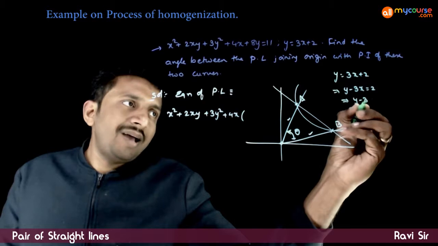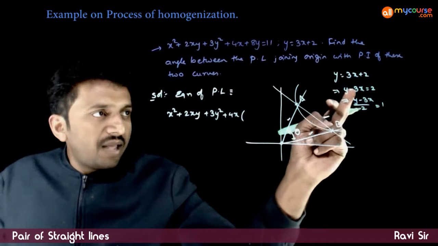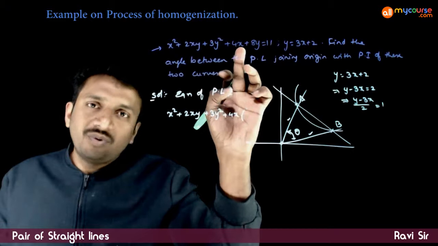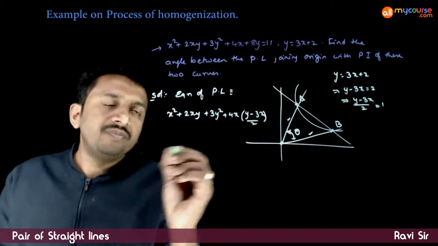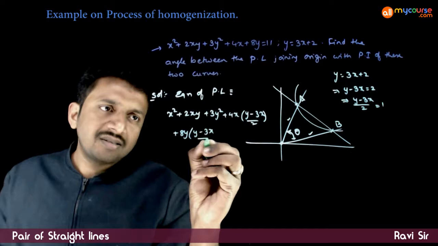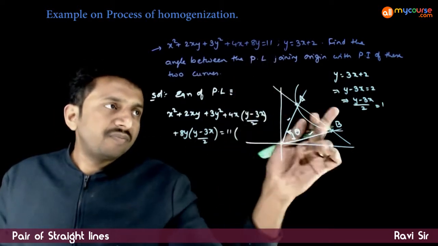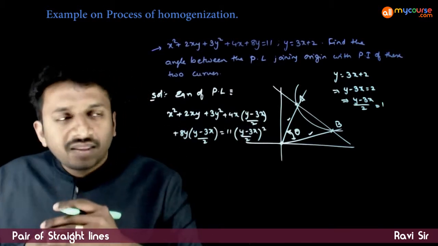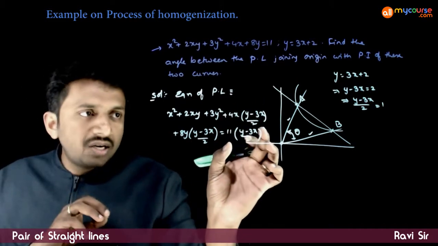This implies (y minus 3x) by 2 is equal to 1. So 4x can be written as 4x times (y minus 3x) by 2, plus 8y times again (y minus 3x) by 2, is equal to 11 times (y minus 3x by 2) whole square. For linear terms, we multiply a linear, with the constant we multiply a quadratic.